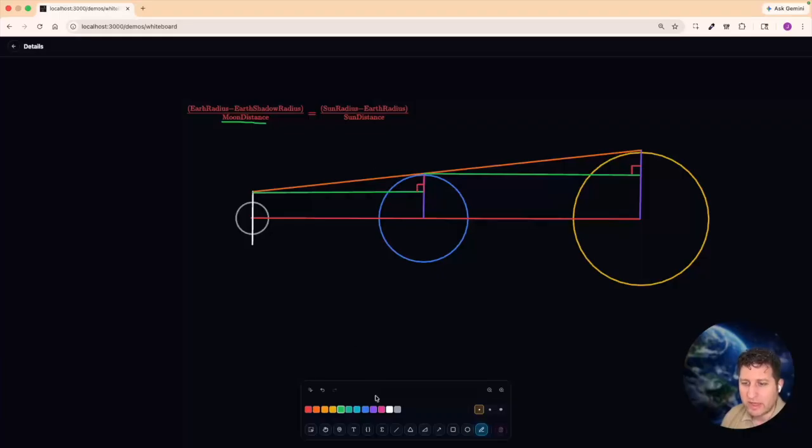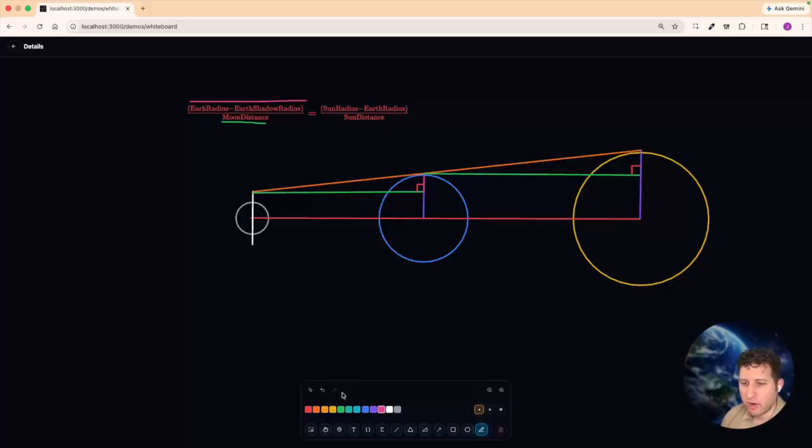And so that's how we get the top part of this, right? So the pink line is equal to the Earth's radius minus the Earth's shadow. So the ratio of this triangle is pink over green, or the Earth's radius minus the Earth's shadow radius over the moon distance. Okay, so that's one side of our equation.